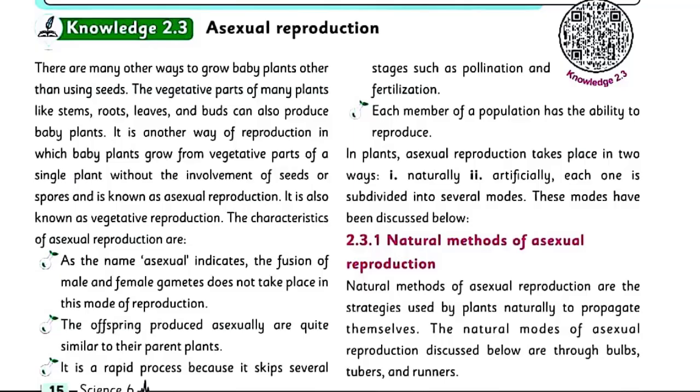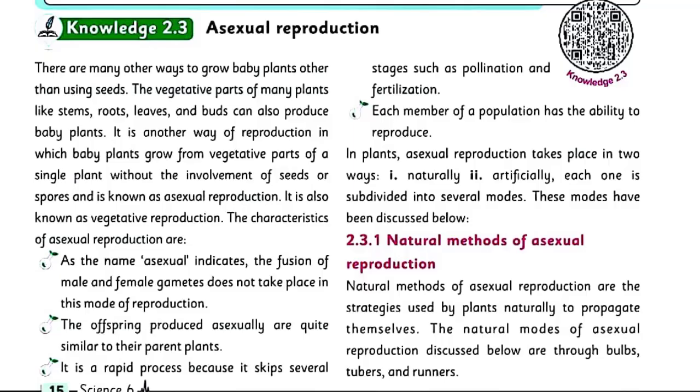Knowledge 2.3 Asexual reproduction. There are many other ways to grow baby plants other than using seeds. The vegetative parts of many plants like stems, roots, leaves, and buds can also produce baby plants.